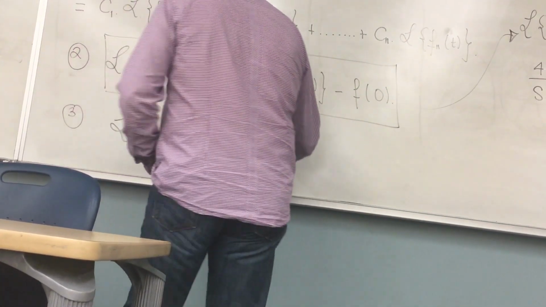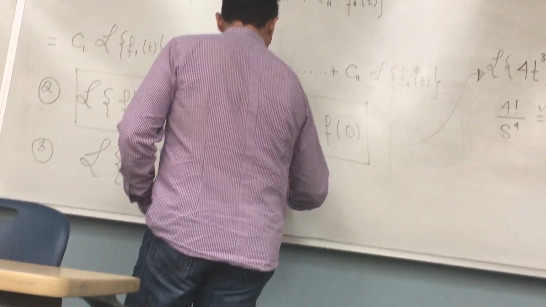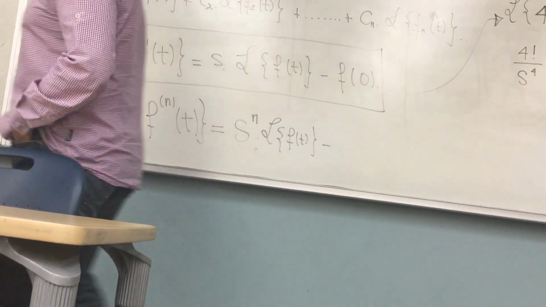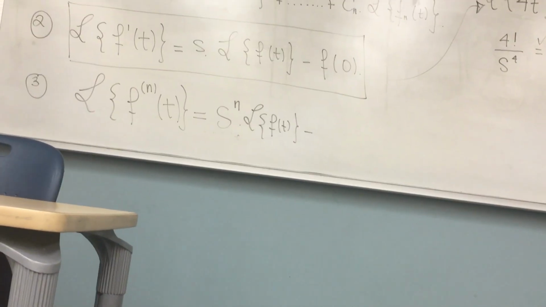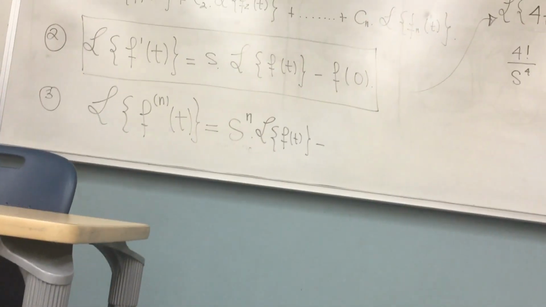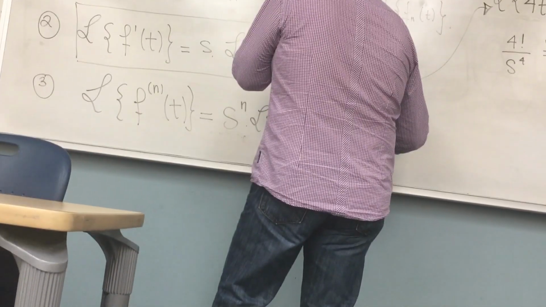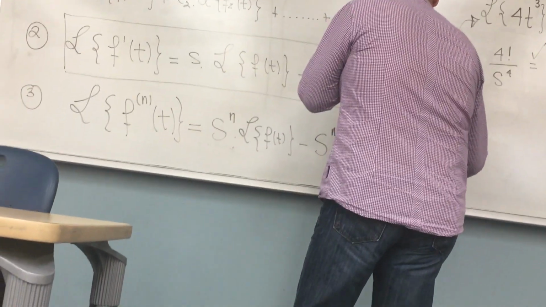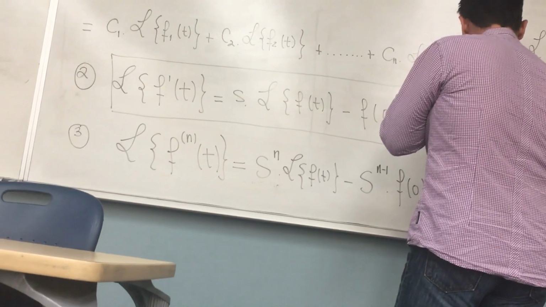Well, it's s to the n times the Laplace transform of the function, minus, that's property number 3, s to the power n minus 1 times the value of the function at 0, minus s to the power n minus 2 times the value of the first derivative at 0.